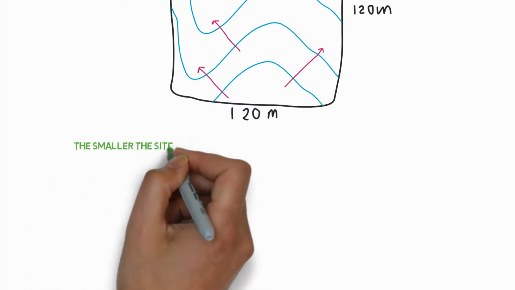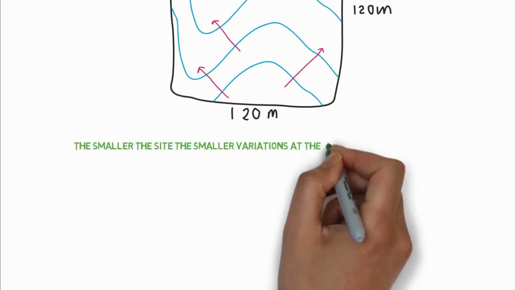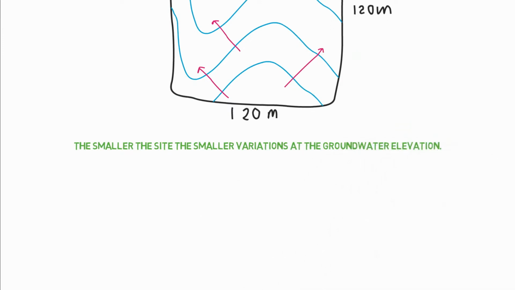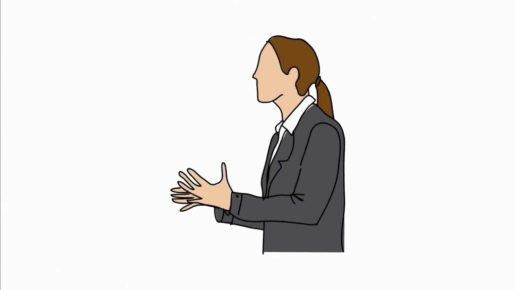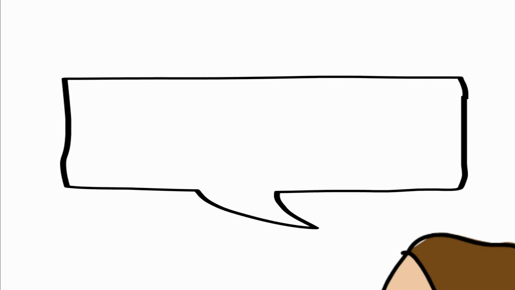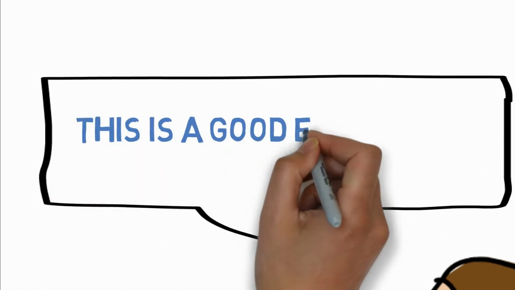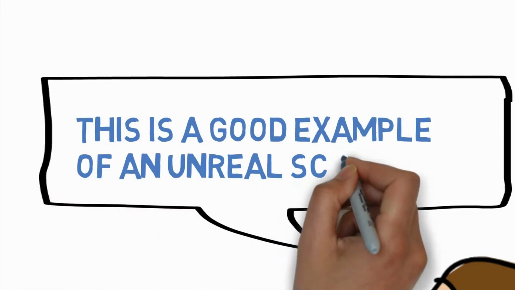The smaller the site, the smaller the variations at the groundwater elevation. This is a good example of an unreal scenario.